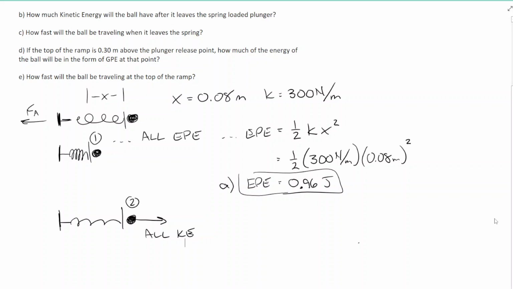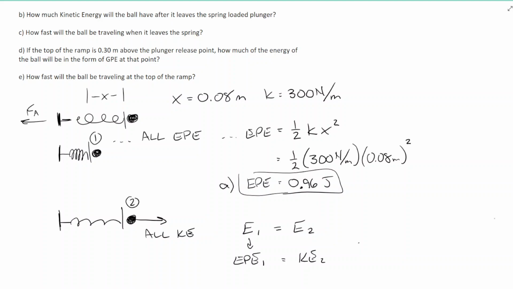What kind of work has been done? It's been spring work. What work could the spring do? 0.96. And if it did all of its possible work, the energy at position 1 has to equal the energy at position 2, ignoring outside friction and air resistance. The energy at position 1 is all elastic potential energy, and at position 2 it's all kinetic energy.